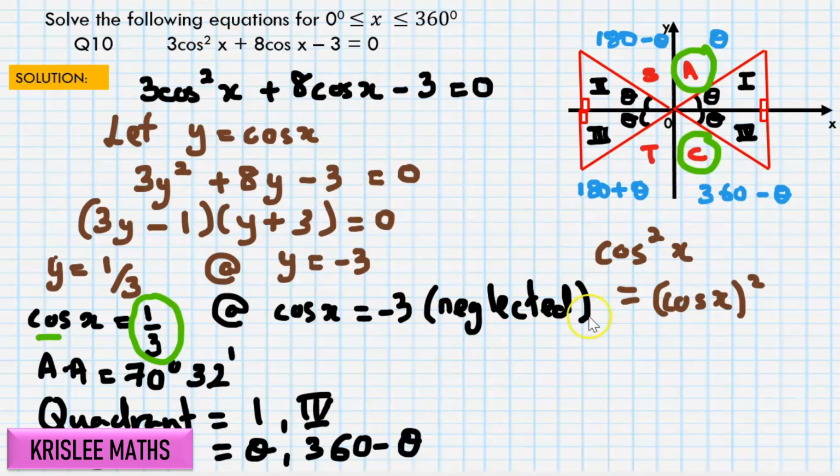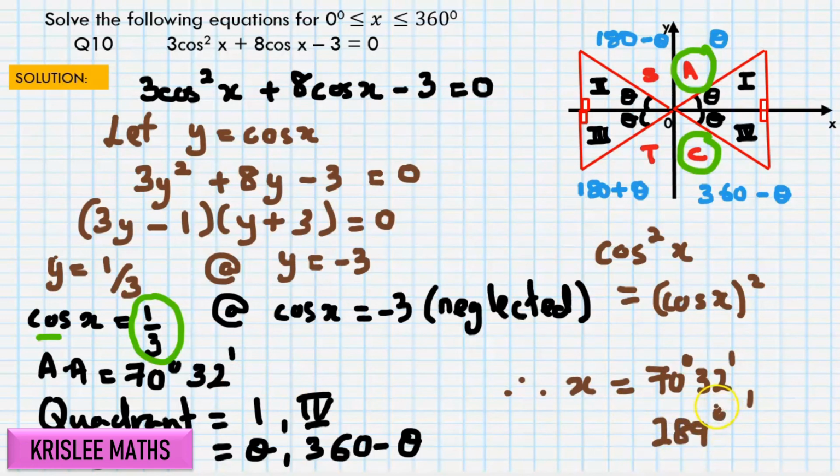Now you can calculate the x value. Therefore the x values are, in the first quadrant, 70 degrees 32 minutes. In the fourth quadrant it is 360 minus the acute angle, that is 70 degrees 32 minutes, and you will obtain 289 degrees 28 minutes.